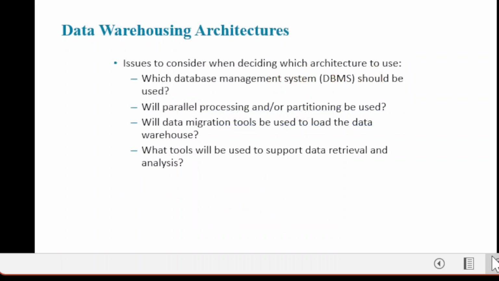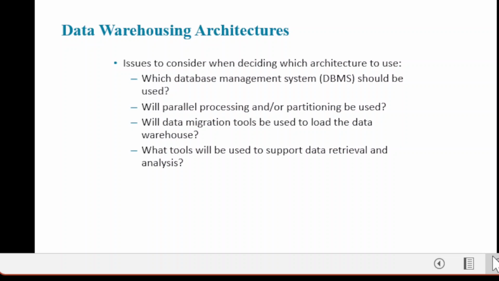Yeah, data warehouse. So in developing a data warehouse architecture, you need to look into which database management system you want to use. Do you want to use Oracle, or Hadoop, or open source like MongoDB or PostgreSQL?